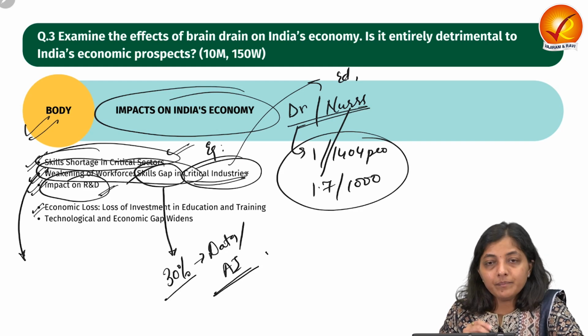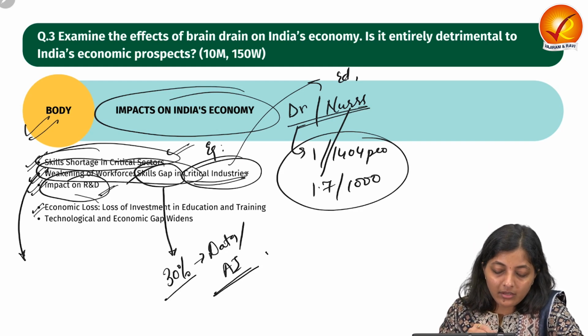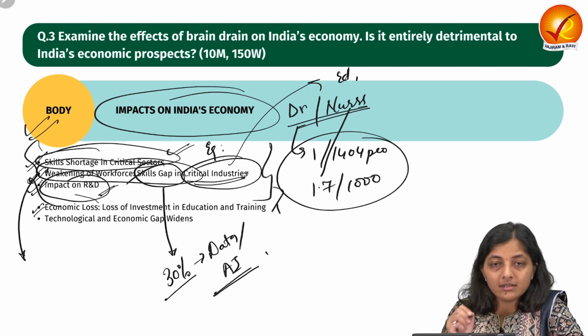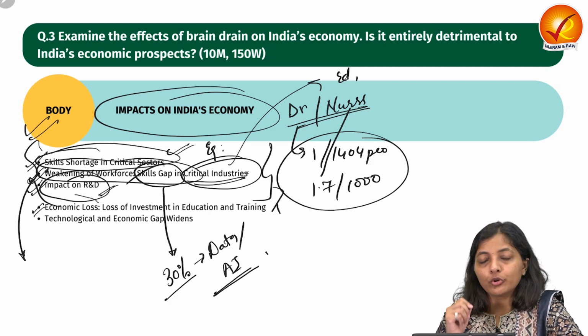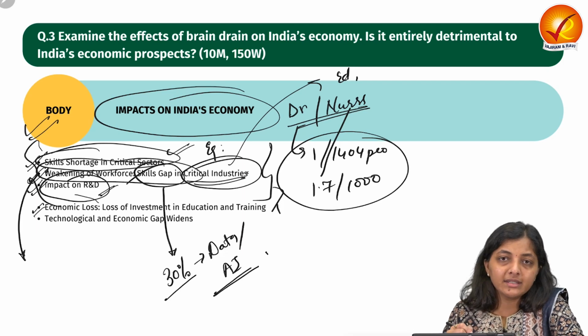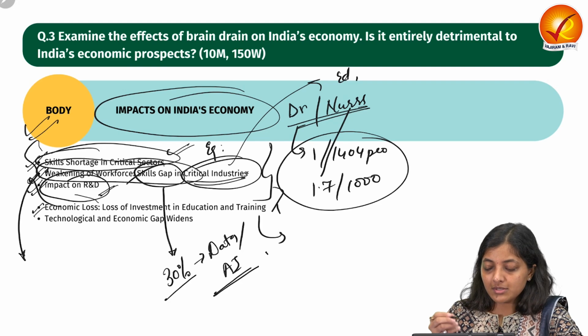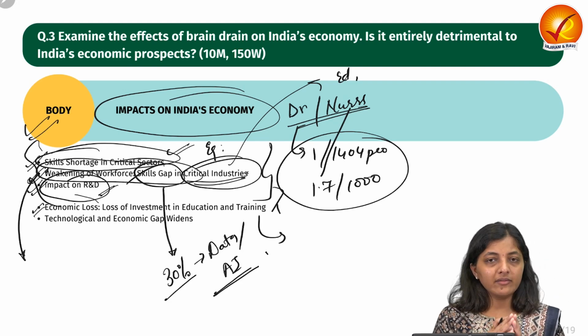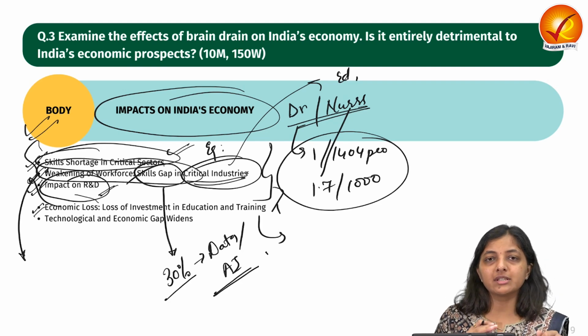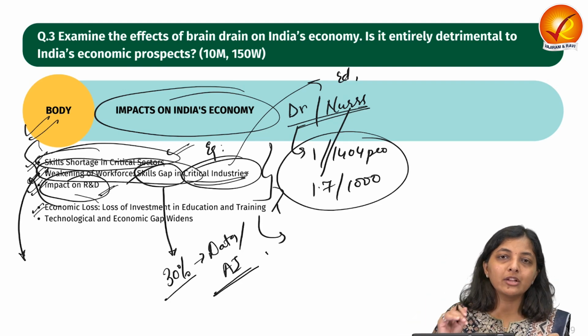Then next is the economic loss. All these things create economic lag, and economic growth and developmental facilities are hampered. Directly, it creates economic loss because India has invested so much from the very initial stages to make these people highly qualified.